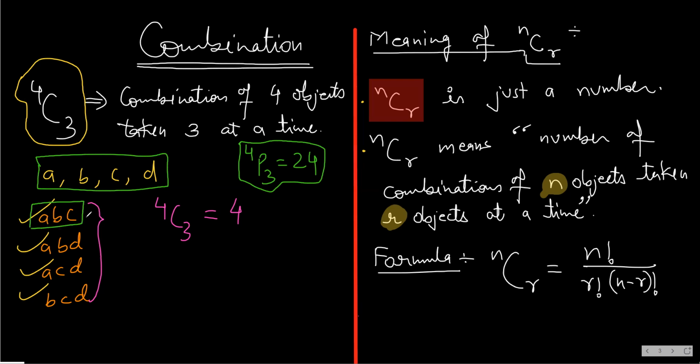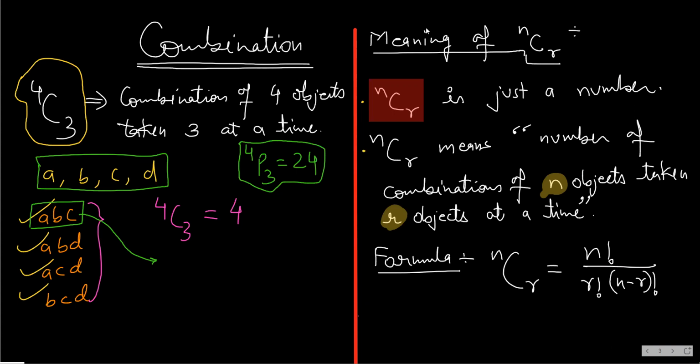Now you will not take ABC again. You will not take BAC, CAB, nothing. ABC, that's it. But you remember what happened in permutation? In permutation, this ABC gave you 6 different arrangements. That is, in ABC, you have 3 objects.